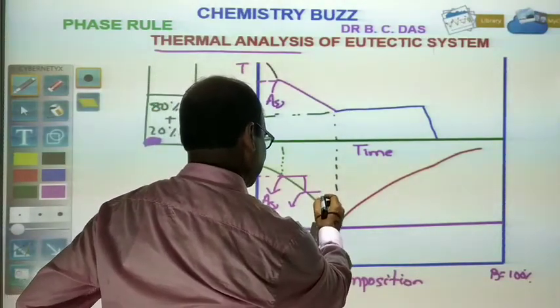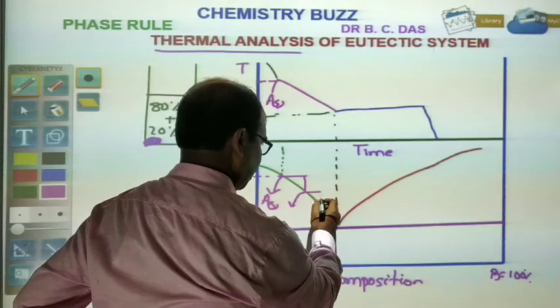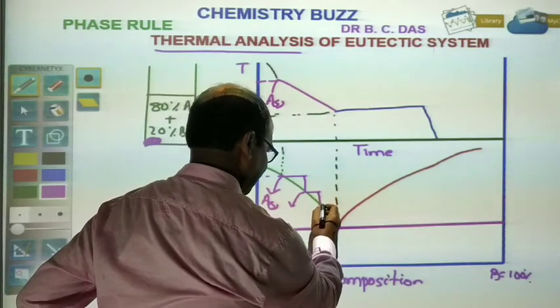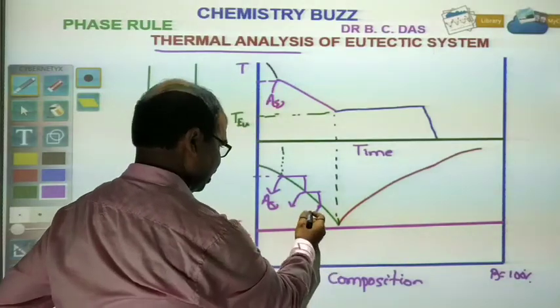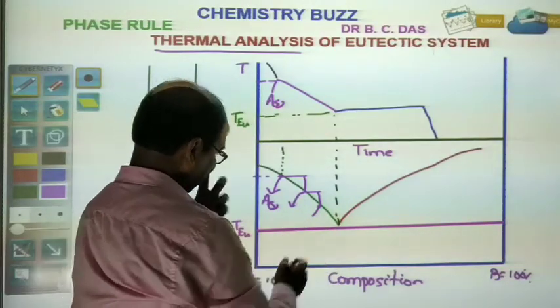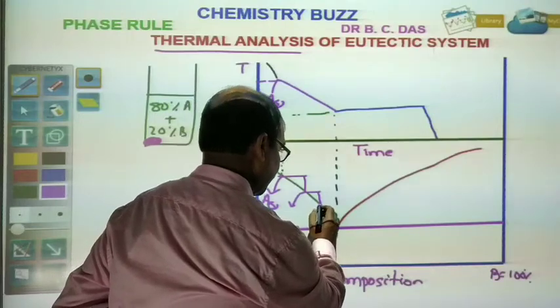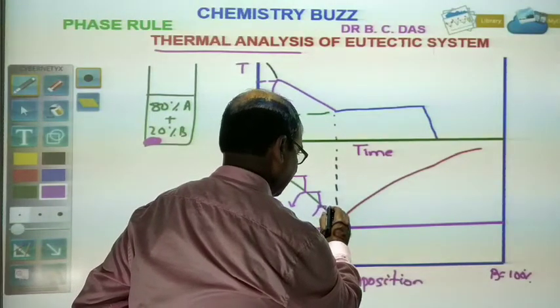So at this composition, when the temperature is further lowered, then the solidification starts here. So preferential solidification of A is here, and the composition changes to here.